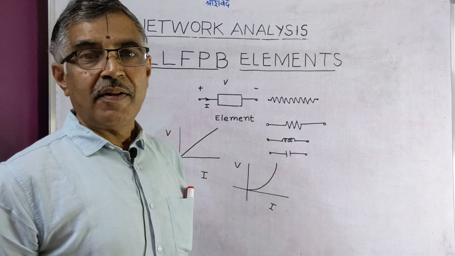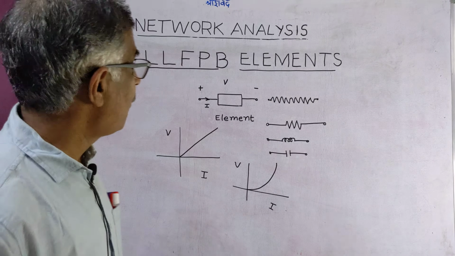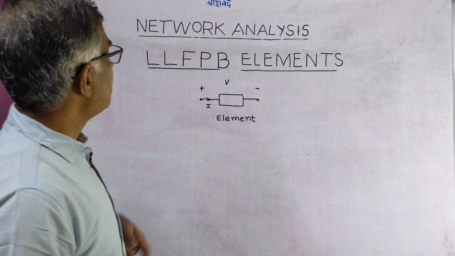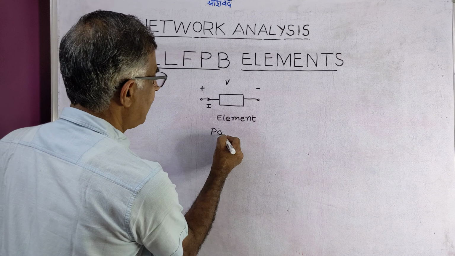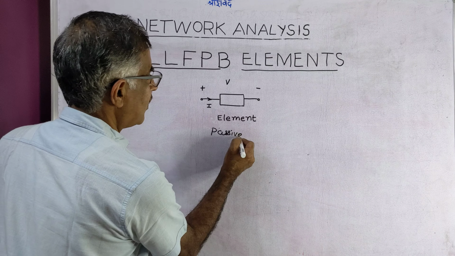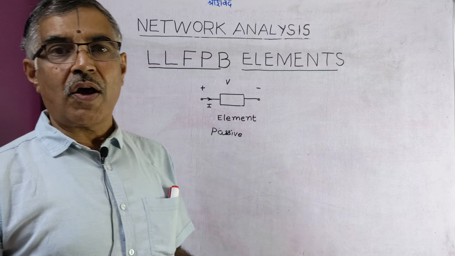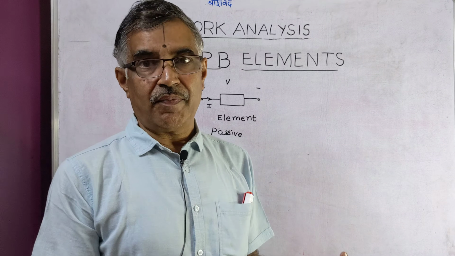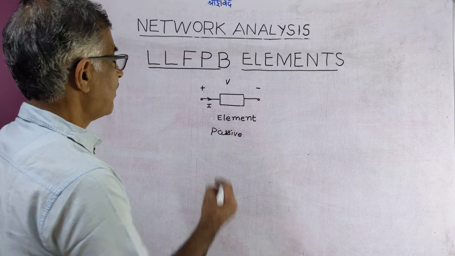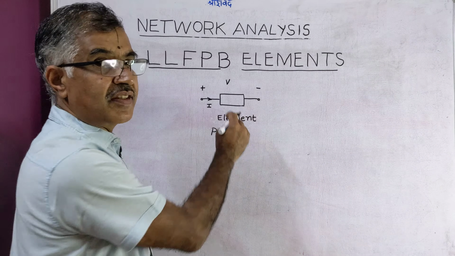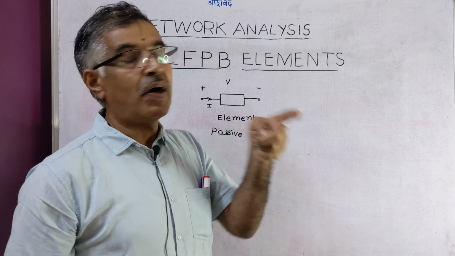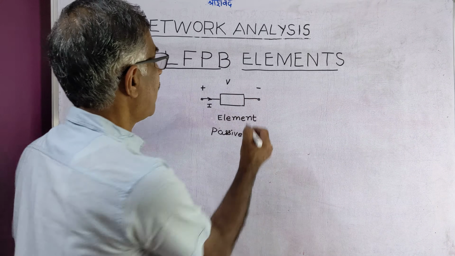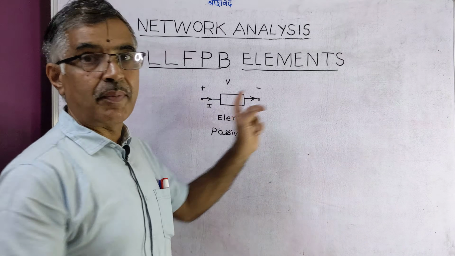Now the next definition is P. P stands for passive. So when do we say the element is passive? Passive elements are always going to absorb power. For example, if this passive element is absorbing power, current enters at the positive terminal and current comes out at the negative terminal.